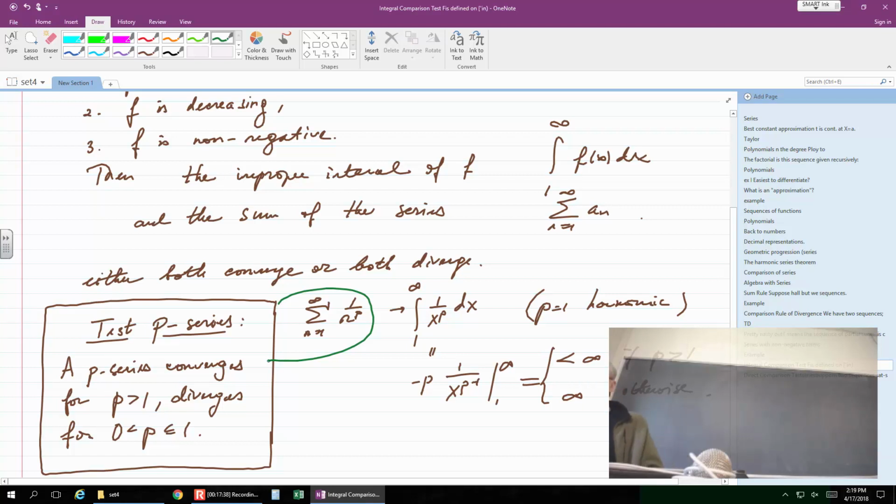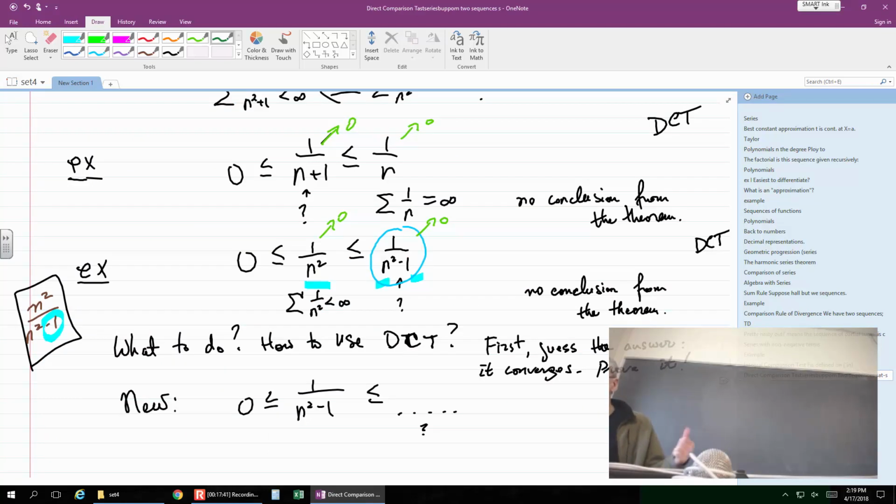Really, we don't have too many choices. So I have to put a p-series on the right, but I have to have a p larger than 1, that's all. So n to some power, what should that power be? 1 over n, as it's stated here, is divergent, so it's of no use to us.